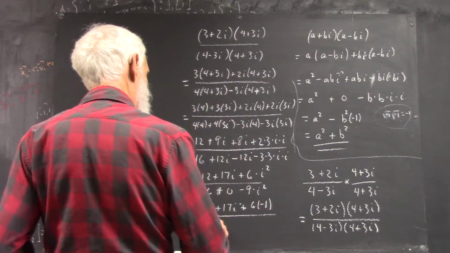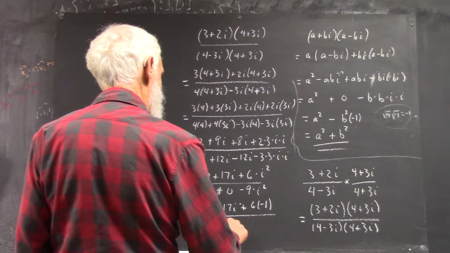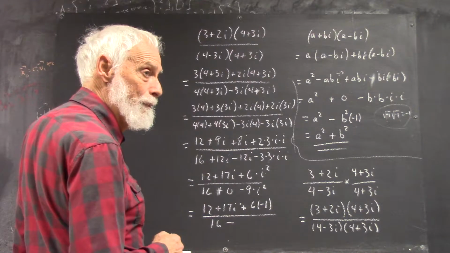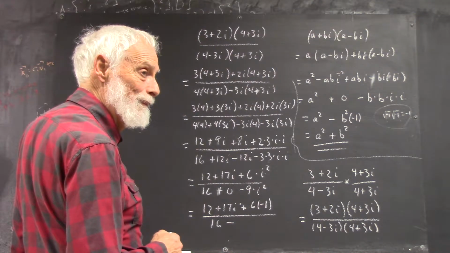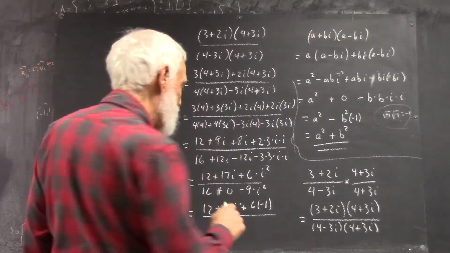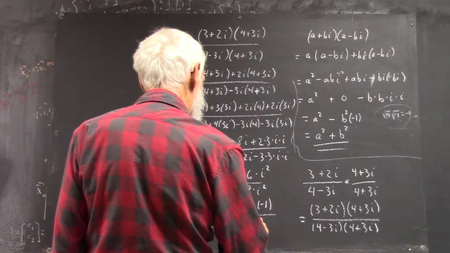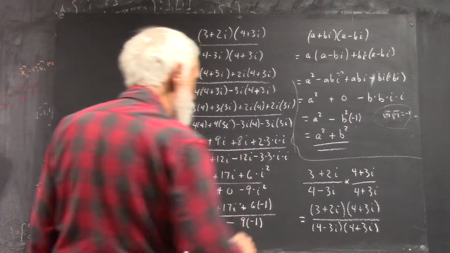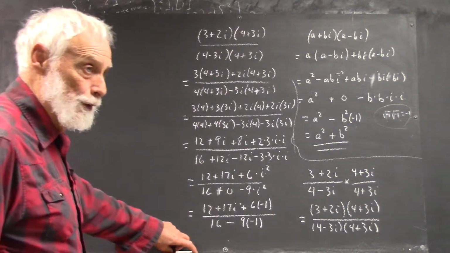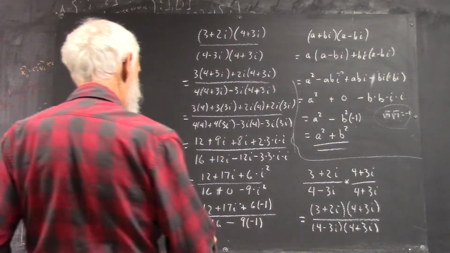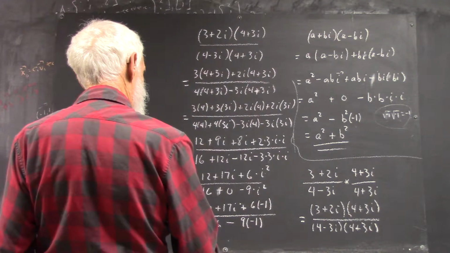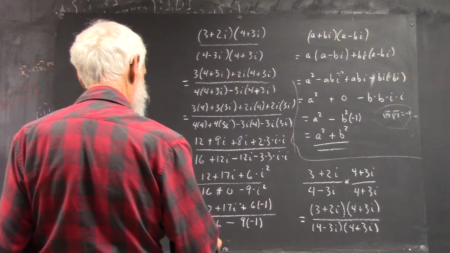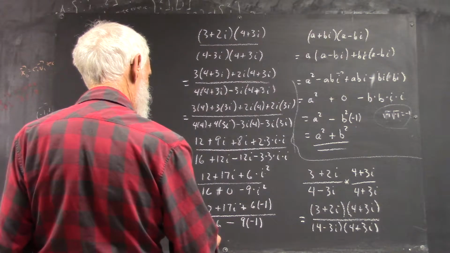Okay? So now we've got 16 minus what? 9 times -1. Very good. See, don't skip that. It doesn't take long to get used to it, and then you don't make the mistakes. Okay? Okay. I hardly have room to write it, but we'll keep it lined up here.